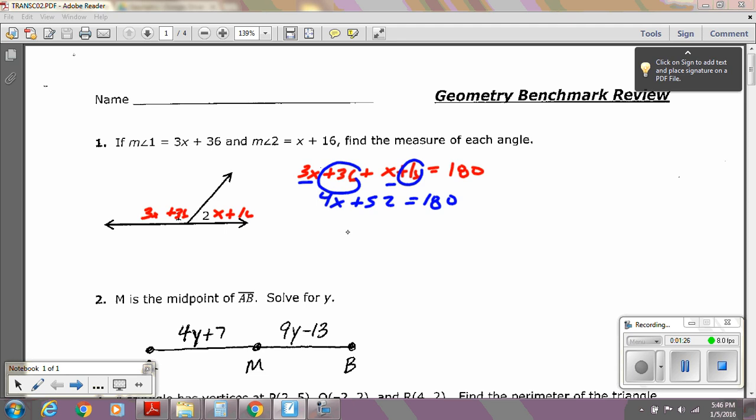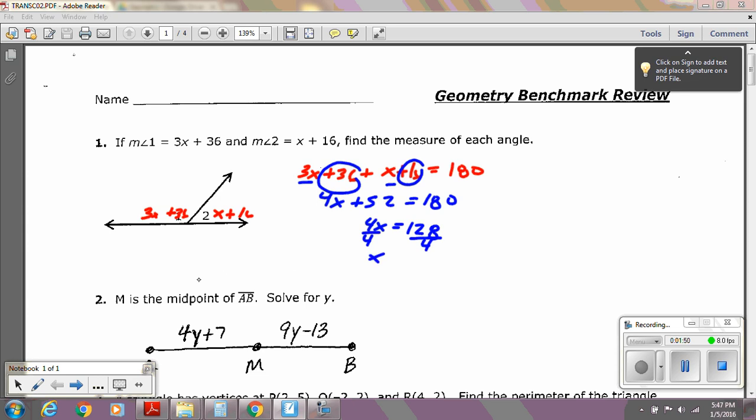Now, I would subtract 52 from both sides, which would leave me with 4x is equal to 128. Then divide both sides by 4.